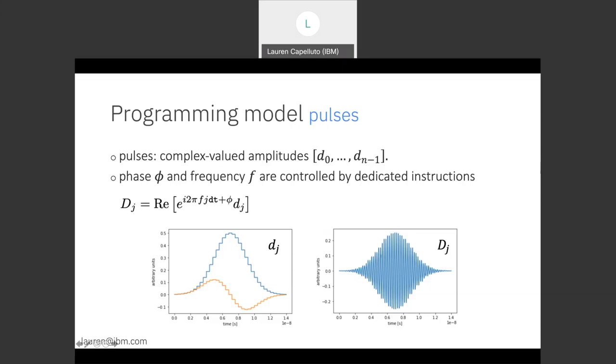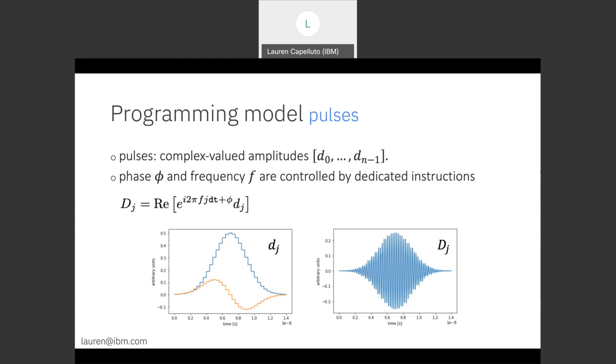Naturally, pulses are a pretty central aspect of the pulse programming model. So the pulses in our system are actually the complex valued amplitudes. They are separate from the phase and frequency, which are controlled by separate instructions. So in the bottom left, we have an example of a pulse.